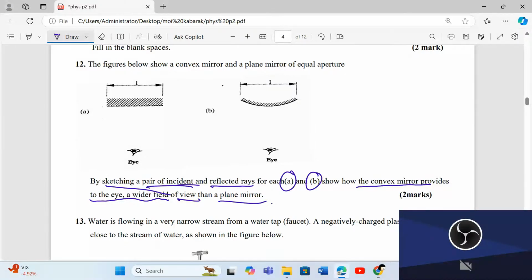Then now we have been given the comparison of this convex with the plane mirror. Therefore, we can draw the incident rays into these mirrors, and then once they are reflected back into the eye, how will they be like?